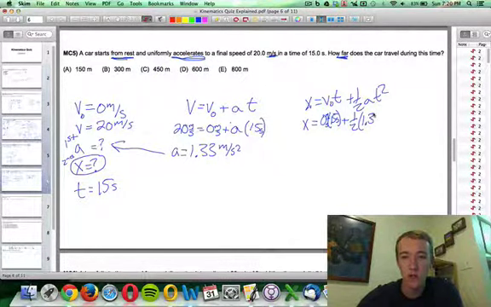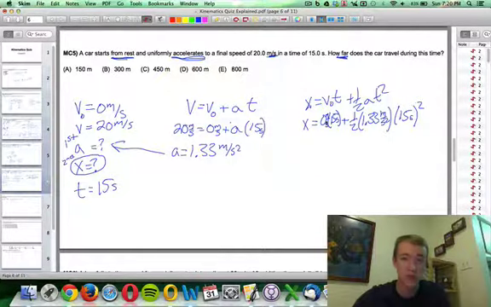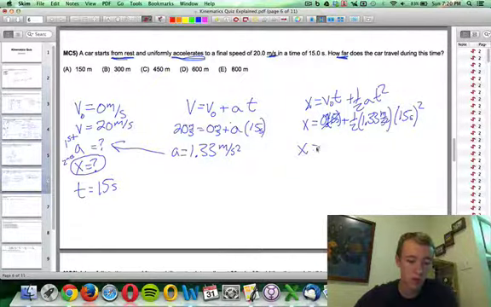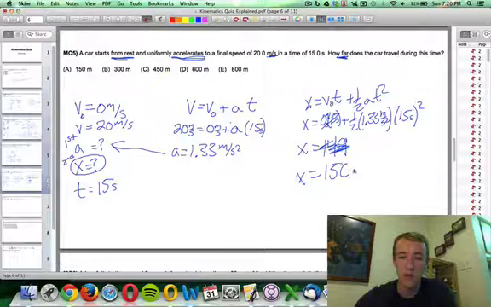Acceleration we just found 1.33 meters per second squared and time is 15 seconds, and we're squaring that time. Okay, 0 times 15 just goes to 0, so I'm going to cross that out. Half times 1.33 times 15 squared, that is about, and I'm going to round here, this is about 150 meters.